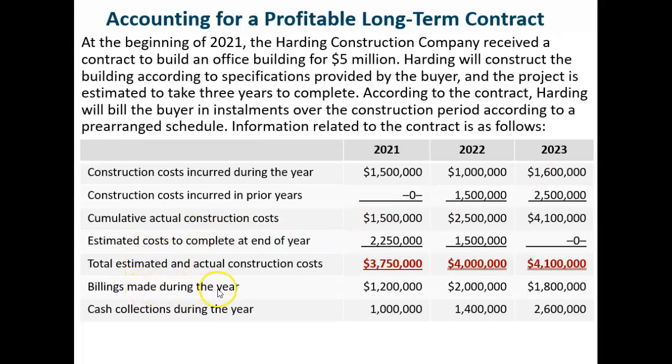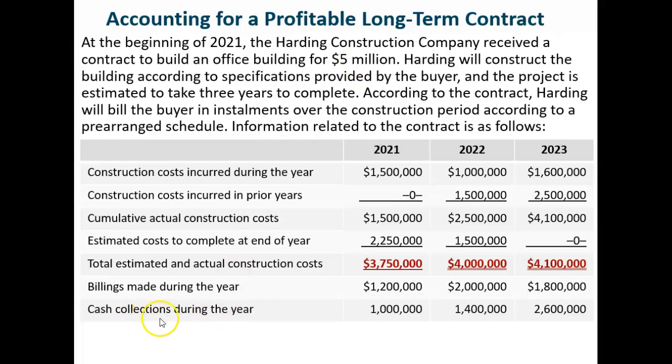The billings made each year, according to the prearranged billing schedule, were $1,200,000 billed in 2021, $2 million billed in 2022, and $1,800,000 billed in 2023. Add those three numbers up and you will see that the total billings to the customer equaled the $5 million contract with the customer.